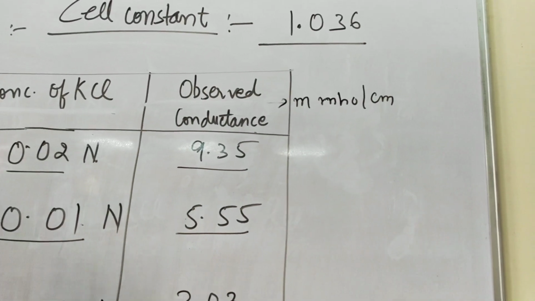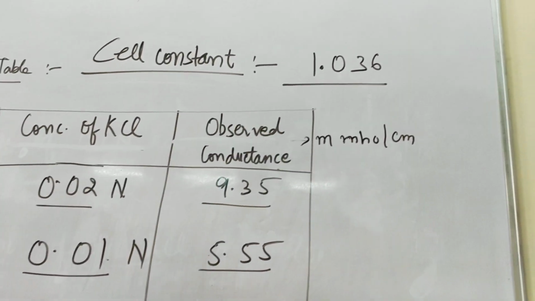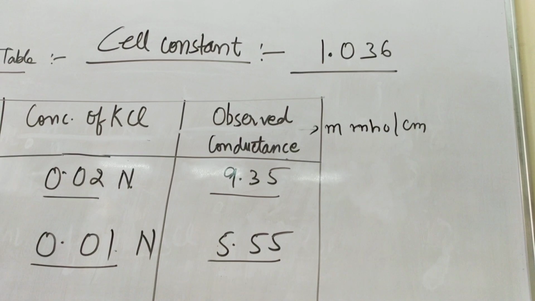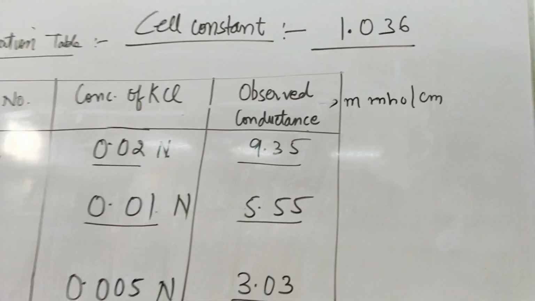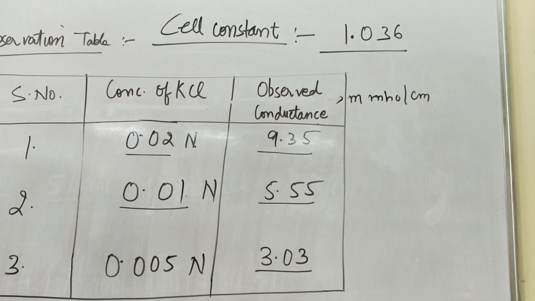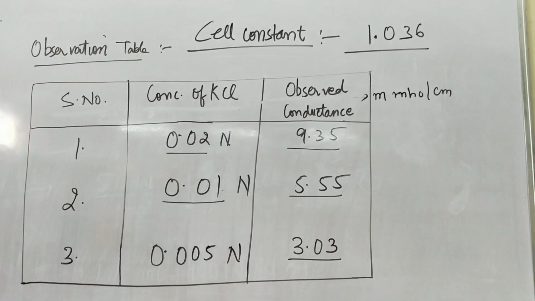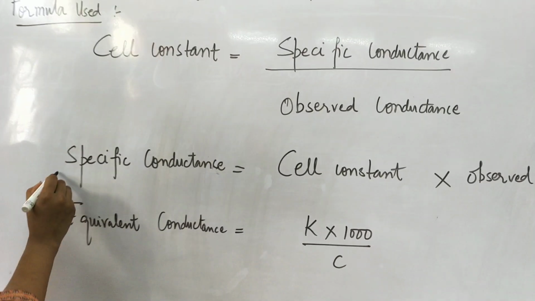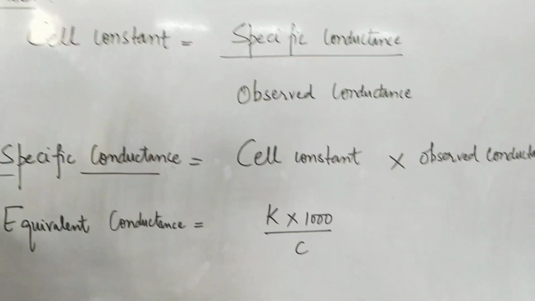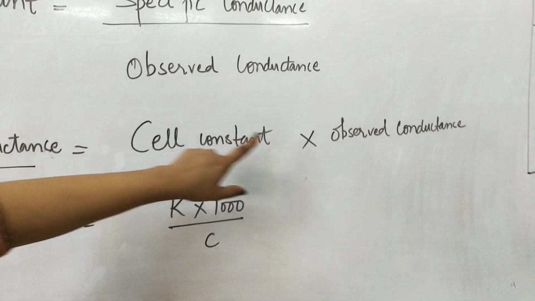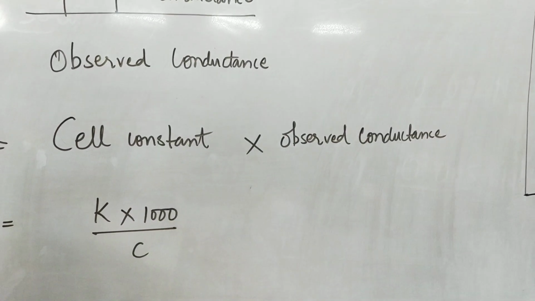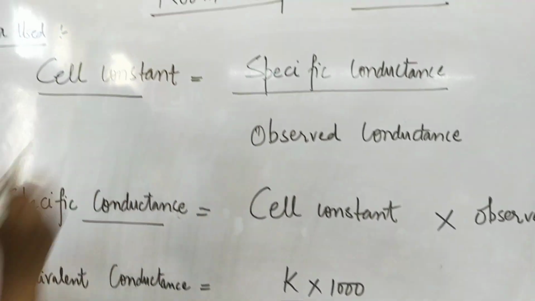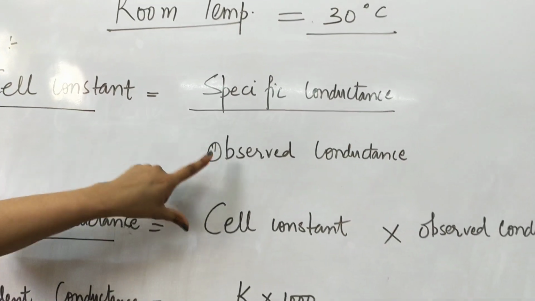This is our cell constant, which is 1.036, and with the help of this data we will calculate the specific conductance and equivalent conductance. Now to calculate the specific conductance, we have the formula cell constant multiplied by observed conductance, because our cell constant is the ratio of specific conductance to the observed conductance.